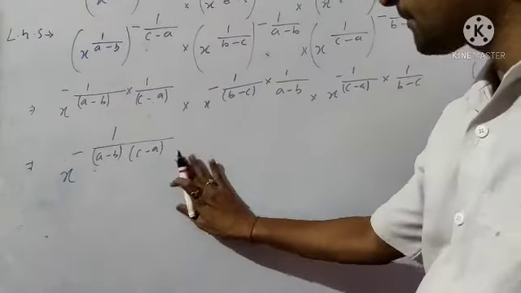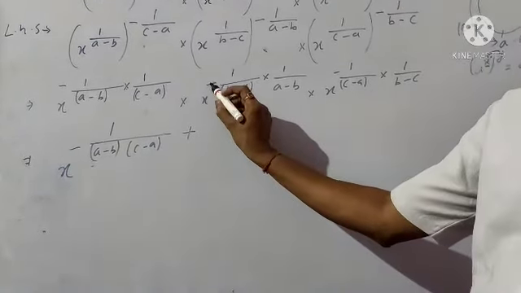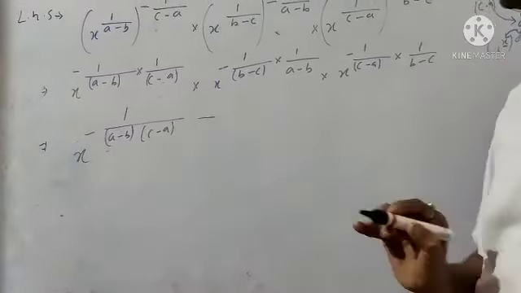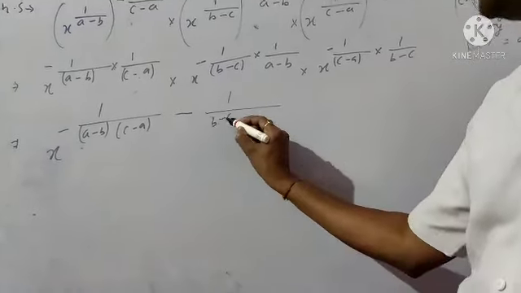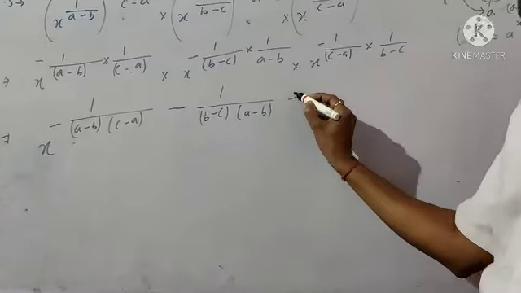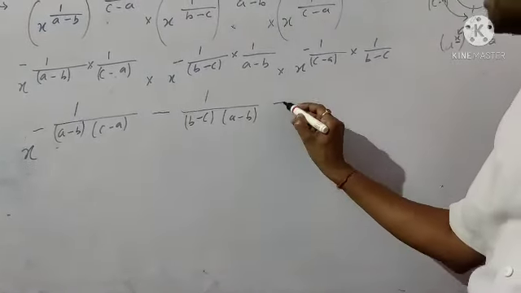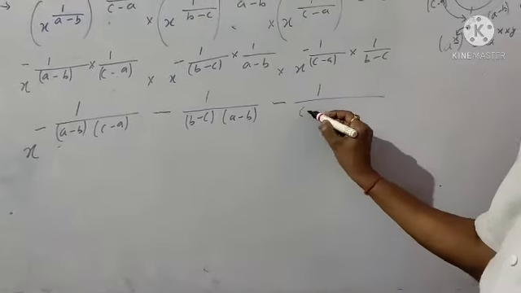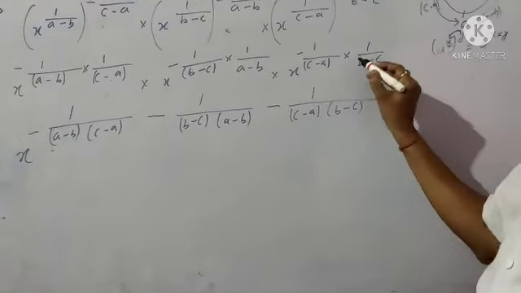Into here is the positive plus, but this sign is minus. Okay, so plus minus minus. So here directly we can write minus 1 by B minus C and A minus B. Again positive sign, but this value is negative, and positive negative is equal to negative. So write down here directly negative 1 by C minus A and B minus C, like this.